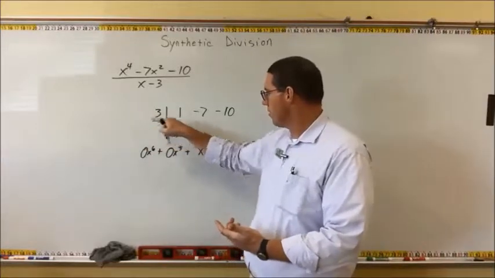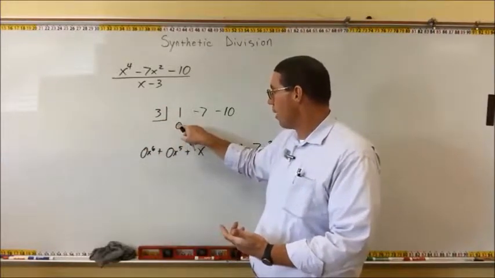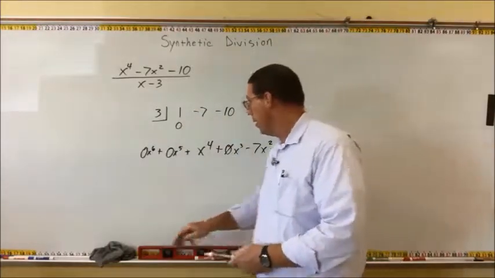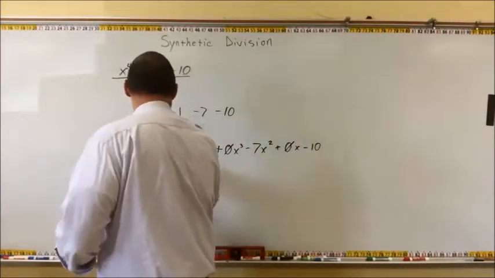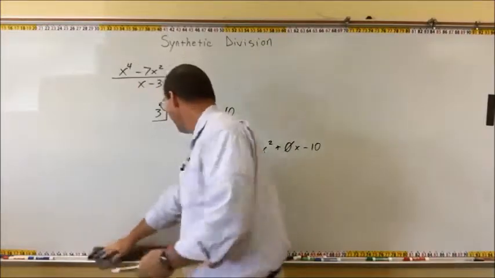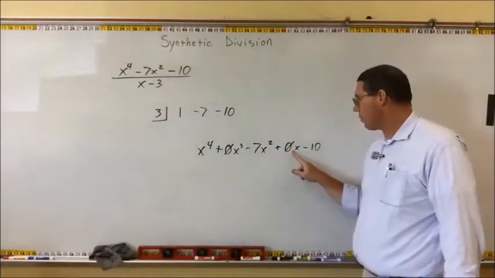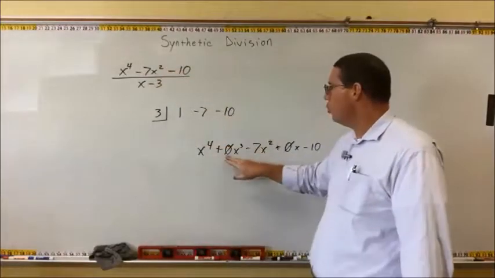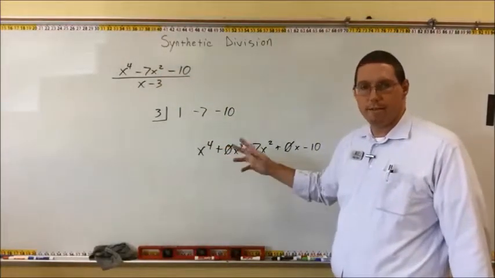0 times 3 is 0. 0 times 3 is 0. It gets carried up. That's why there's a 0 here, okay? And 1 plus 0 is 1. So synthetic division requires that you have all of the powers filled in. And when a power is not represented in a polynomial, you have to fill in with a 0.